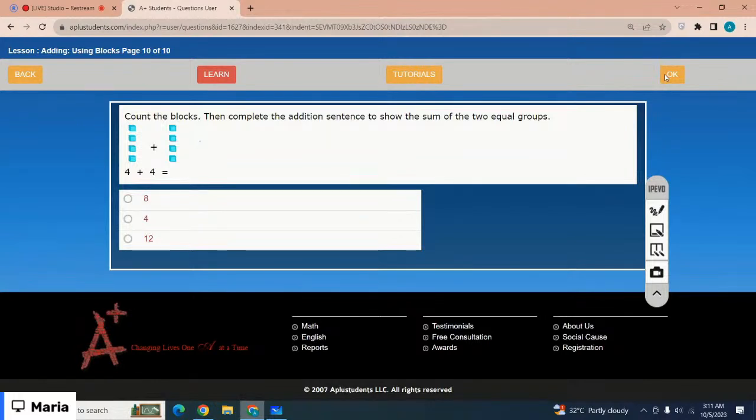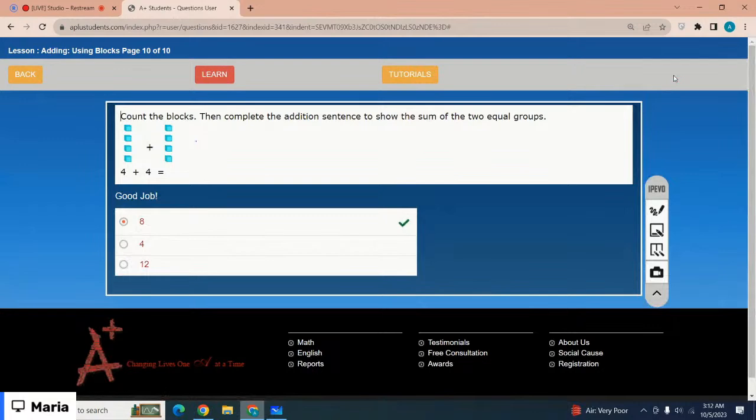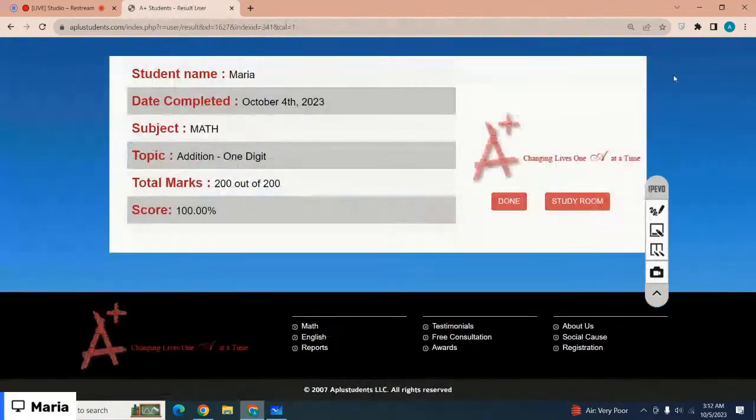The next one is 4 plus 4. Which is the correct option? The correct option is 4 plus 4 makes 8. We are done with the lesson. Let's just move on to the next lesson.